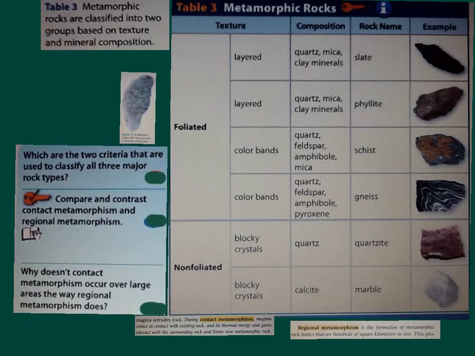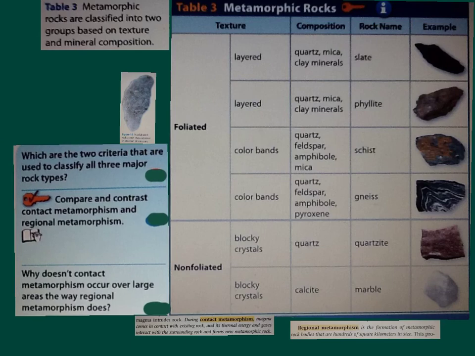Next thing on my list. Go ahead and pick, especially this one, but then you get to choose one of the other two. You get to choose which one you would want to talk about or write in your science journal and answer that question. The first one: which are the two criteria that are used to classify all three major rock types? The second one, make sure you're writing that one: compare and contrast.